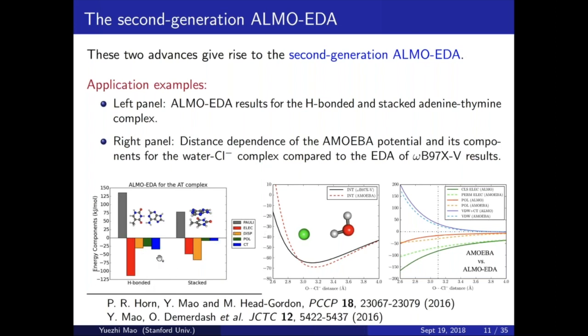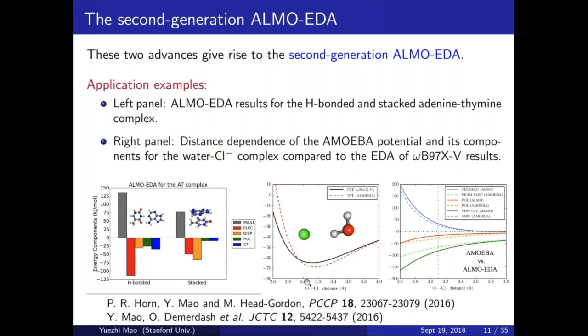And also there are quite large induction effects, including polarization and charge transfer. And for the stacked one, as we expected, the dispersion term is the most important contribution to binding, while there is also a quite large contribution from permanent electrostatics.